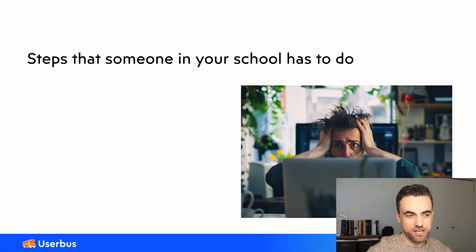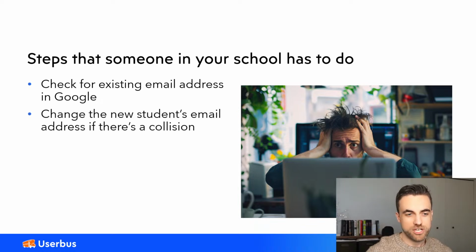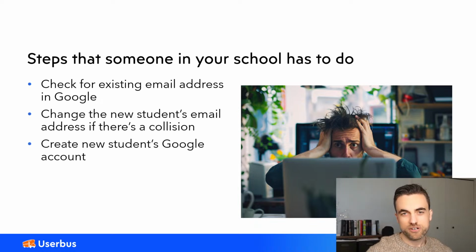So some schools have certain steps in this automated, and some have to do it manually. For example, as you're checking for an existing email address in Google, maybe you have a sync solution already that does that. And maybe you can also check to see if there's a collision, and if there is, you'll set the one. You can create the new student's accounts. That's also automated for some schools.